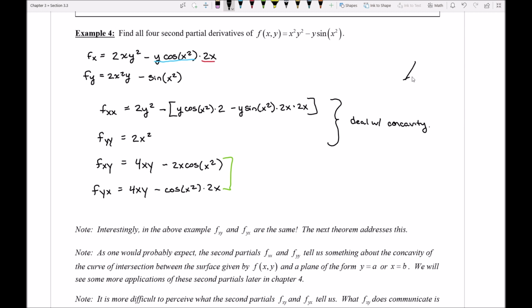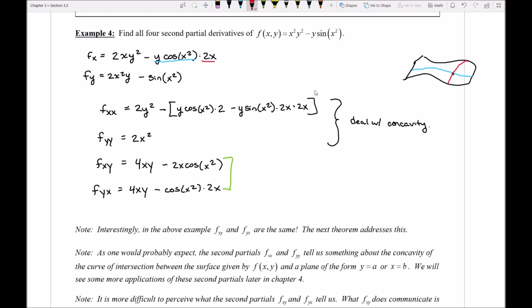So again, if I have some sort of a crazy surface floating out in space and I have a point, I have curves that maybe are going one way along the surface and curves that are maybe going another way along the surface. And so if I take the second derivatives, like fxx, that's going to be dealing with, say, the red curve, where my y would always be fixed. That's going to tell me about the concavity on the red curve.